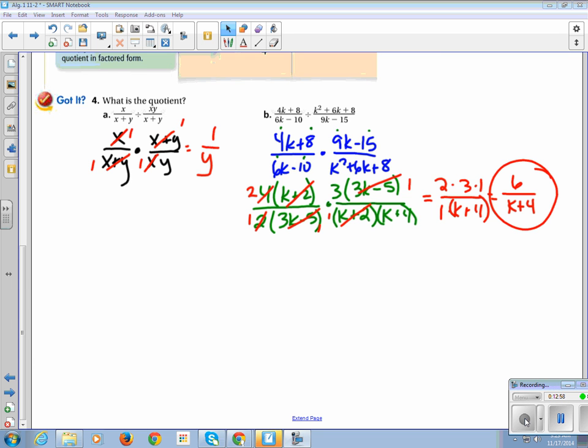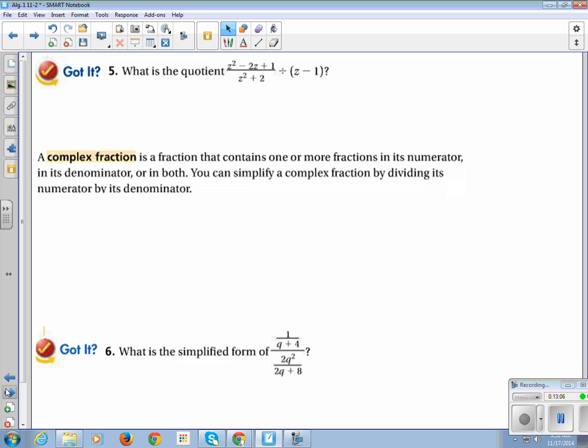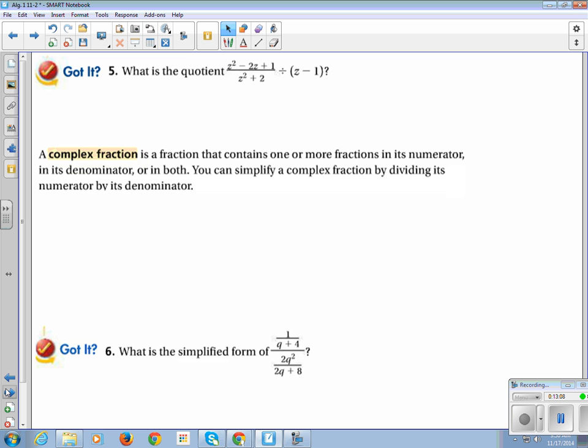All right, so now we're going to apply this to complex fractions. So go ahead and write down a complex fraction. It is a fraction that contains one or more fractions in its numerator, in its denominator, or in both. You can simplify a complex fraction by dividing its numerator by its denominator. And I like to think of it as, I'm going to rewrite it using division.